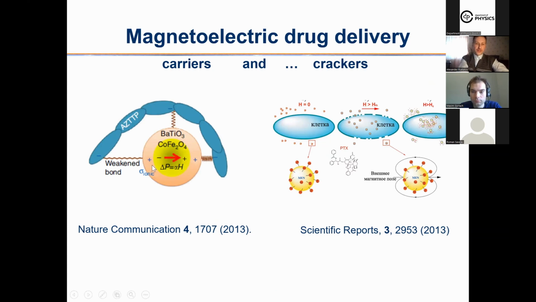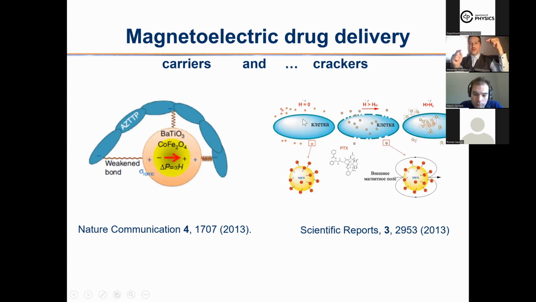For example, this particle has a magnetic core and a ferroelectric shell. And when you apply a magnetic field that penetrates through our body without any damage and without any screening, locally on the particle, an electric field appears, and it can be used to release the drug that is glued to these particles, or even electroporate the membrane of the cell.